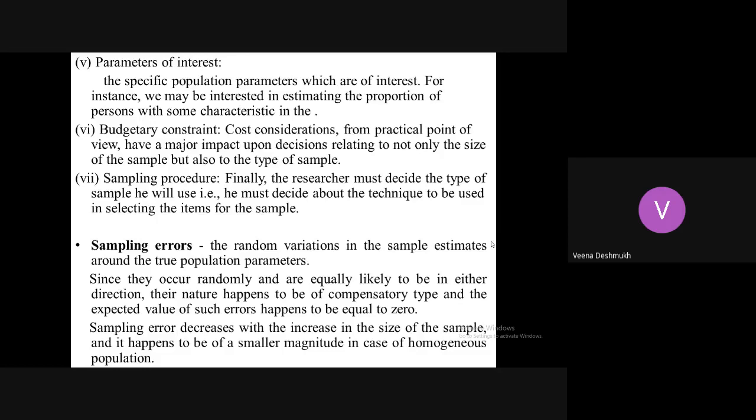So budgetary constraints are very, very important in deciding what your research is aiming at, and also the quality of samples or the type of samples and size of samples. Because in collecting them, a lot of fund may be required. In some cases, especially the medical reports and all.